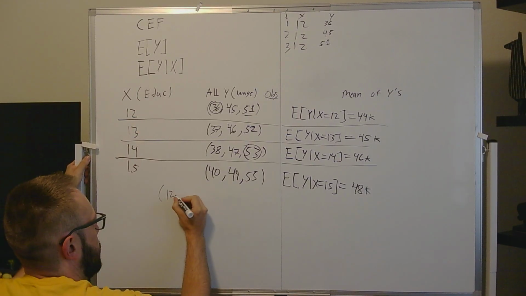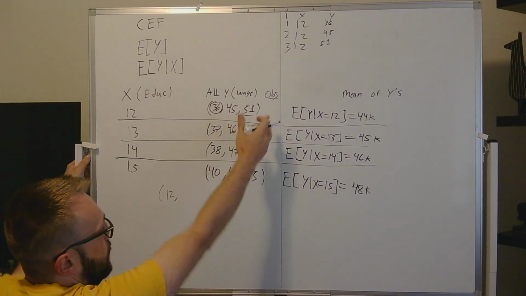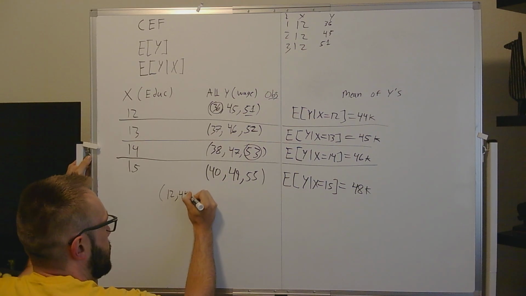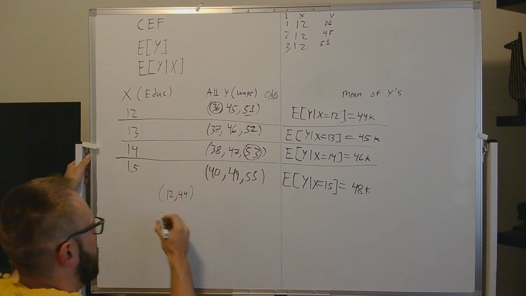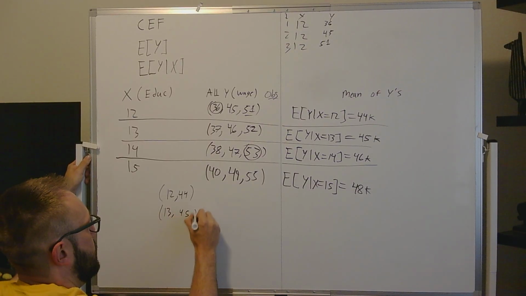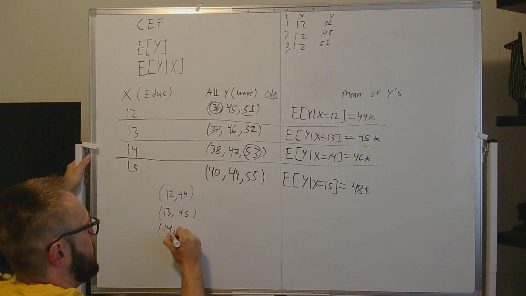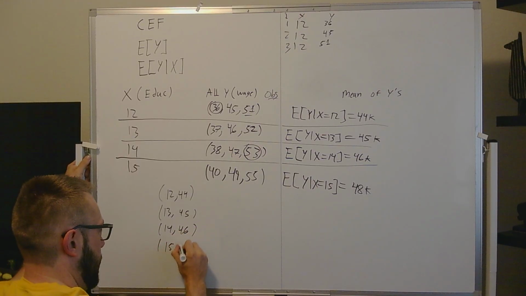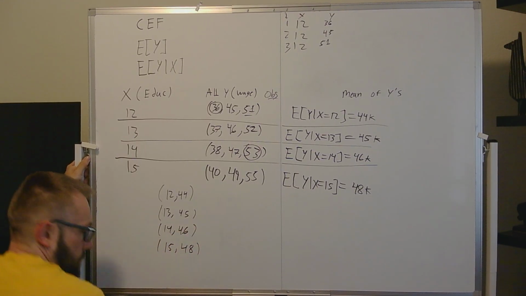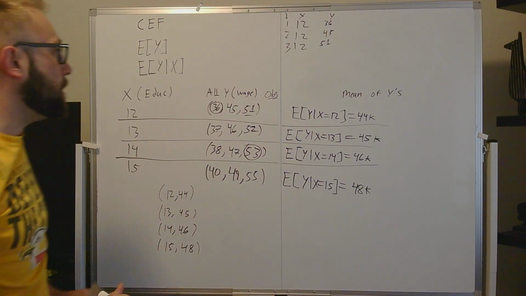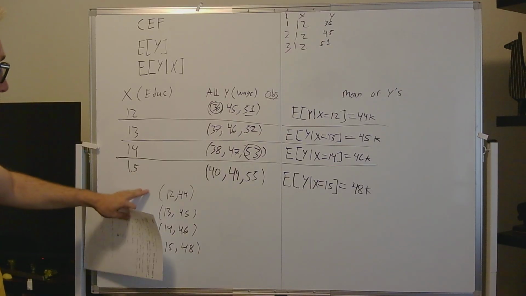In that pool, what we're really concerned with is, what's the average wage for all those with 12 years of education? That's $44,000 a year. 13 is going to be 45. 14 is going to be 46. 15 is going to be 48. That's the big thing.